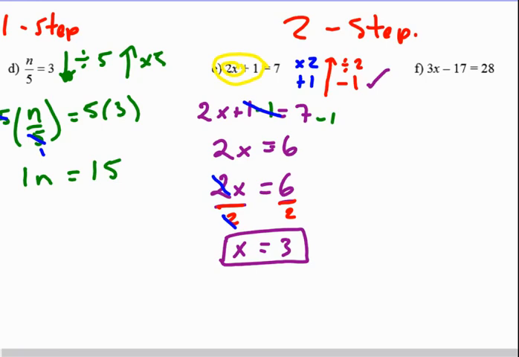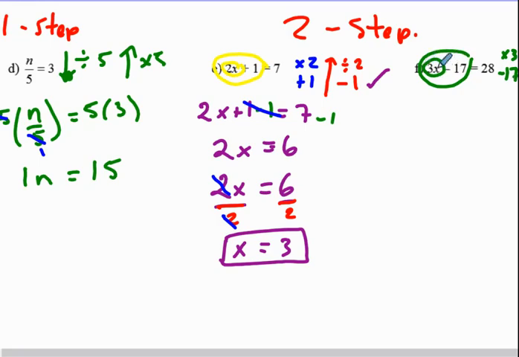Next. So we have what is happening to the x first. The first thing happening, the first layer, is we're being multiplied by 3. The second layer is being subtracted by 17. And in grade 9, I go on this whole thing.